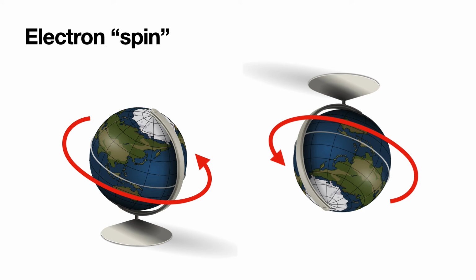As far as we are concerned, the only thing that matters is that there are 2 different possible spins, and that an electron could be in either one of those states.